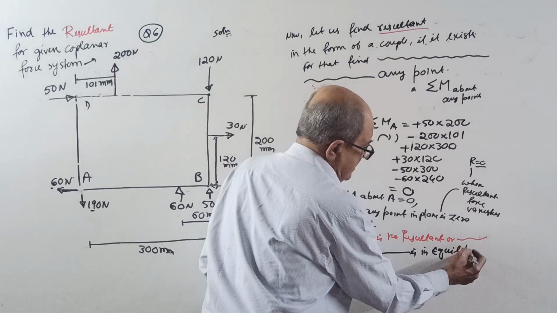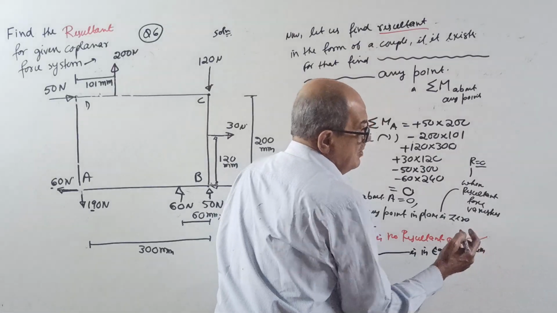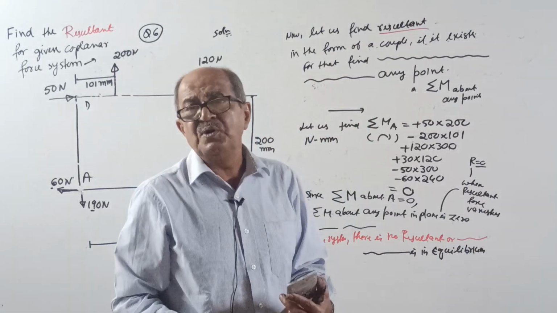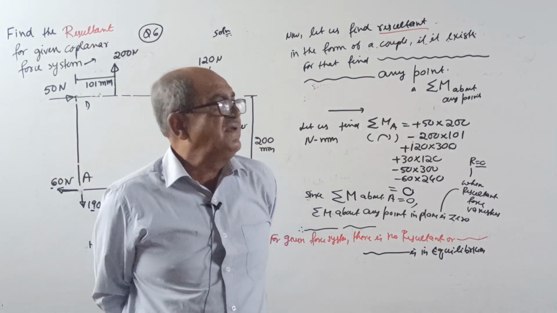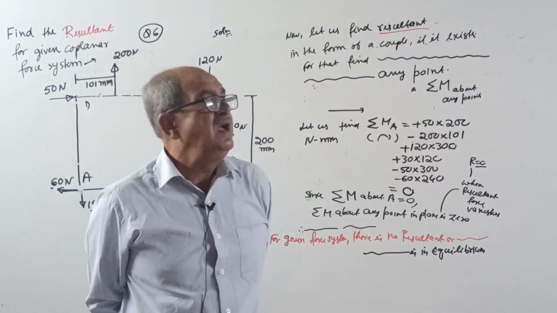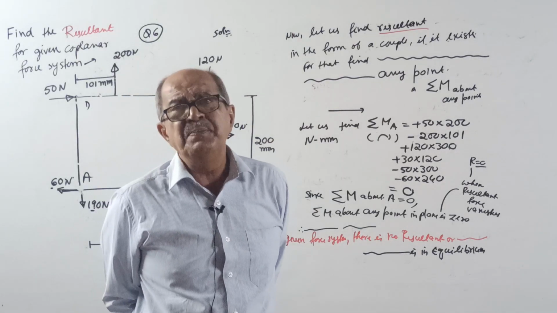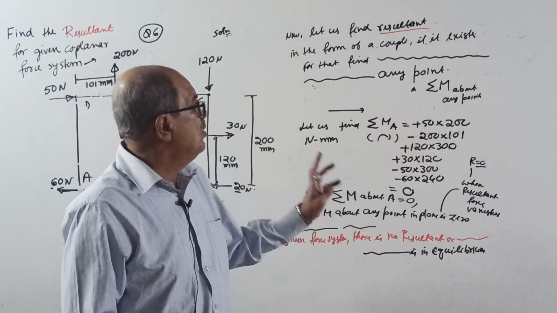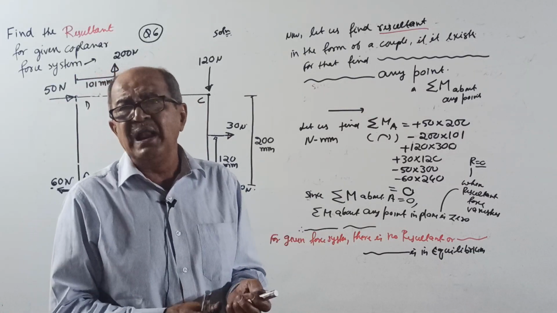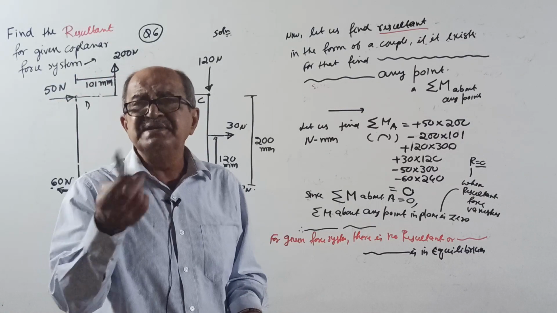This we will study later, because we will know the conditions of equilibrium for a coplanar force system: sigma Fx is 0, sigma Fy is 0, and sigma M about any point is 0. Question over. Next class we are going for the parallel force system, where once again a resultant will come.